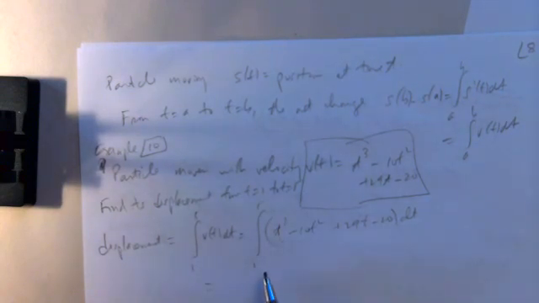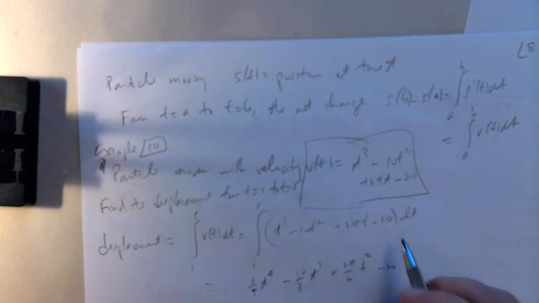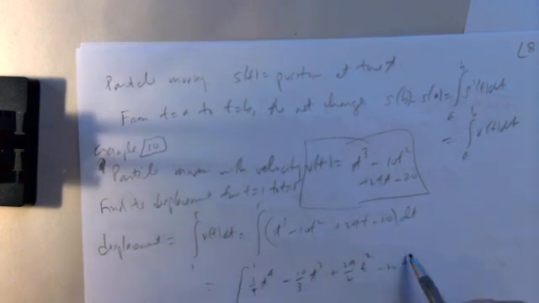When you integrate this, the antiderivative is 1/4 t to the fourth minus 10/3 t cubed plus 29/2 t squared minus 20t, evaluated from 1 to 5.